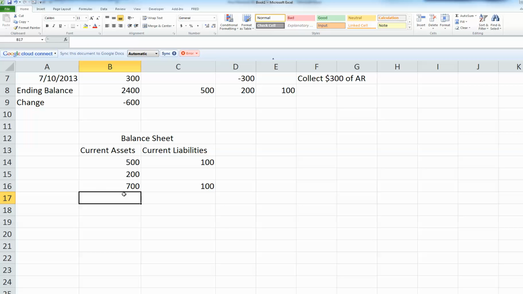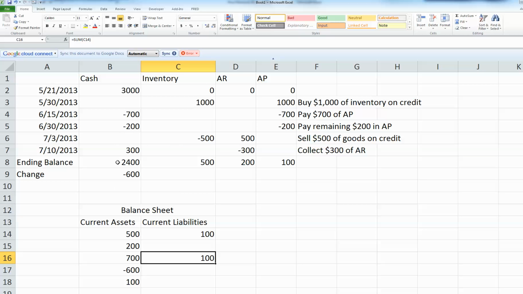So if I subtract $600 from the 700, now this total equals that total, and my balance sheet balances. That is also exactly how much cash changed over the course of the transactions that I've been looking at.